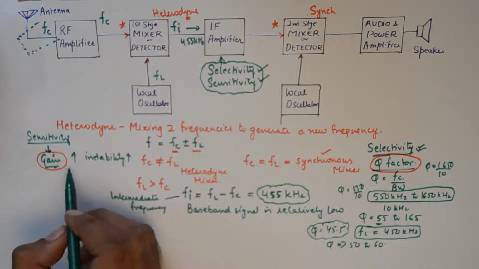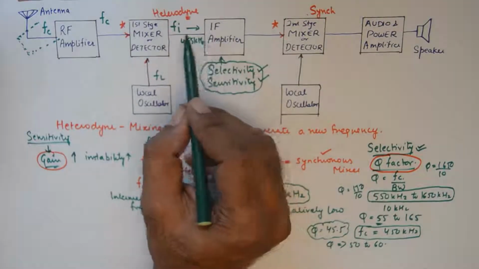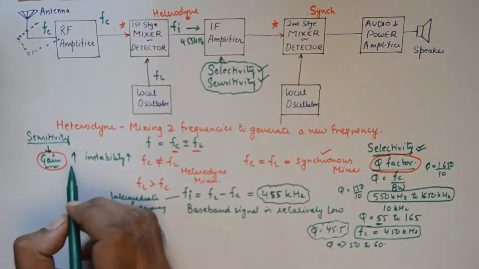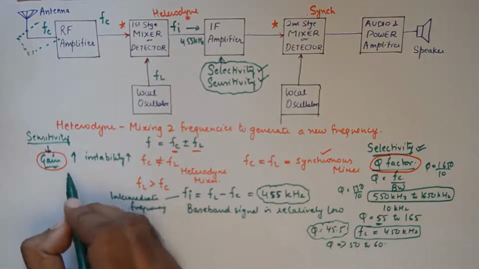And that is why, again, we would want this frequency which is being fed to the IF amplifier to remain constant and at a value which should give us a moderate gain.